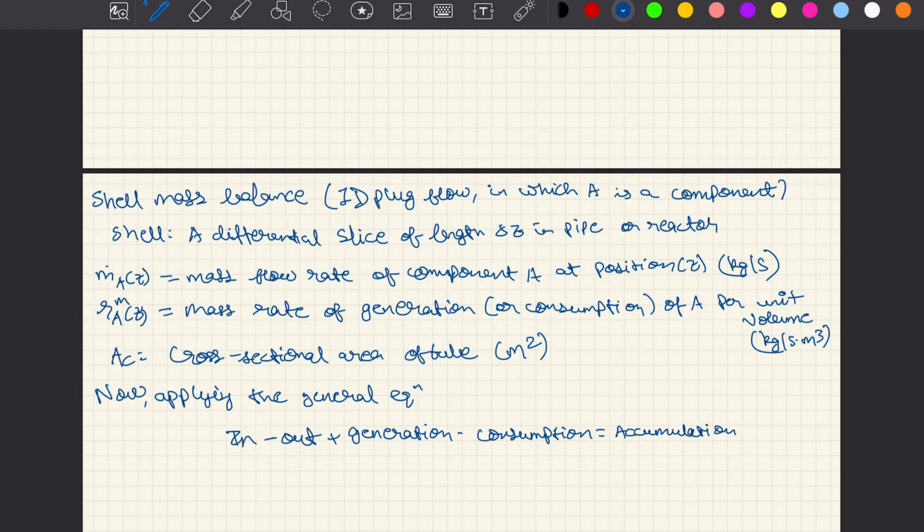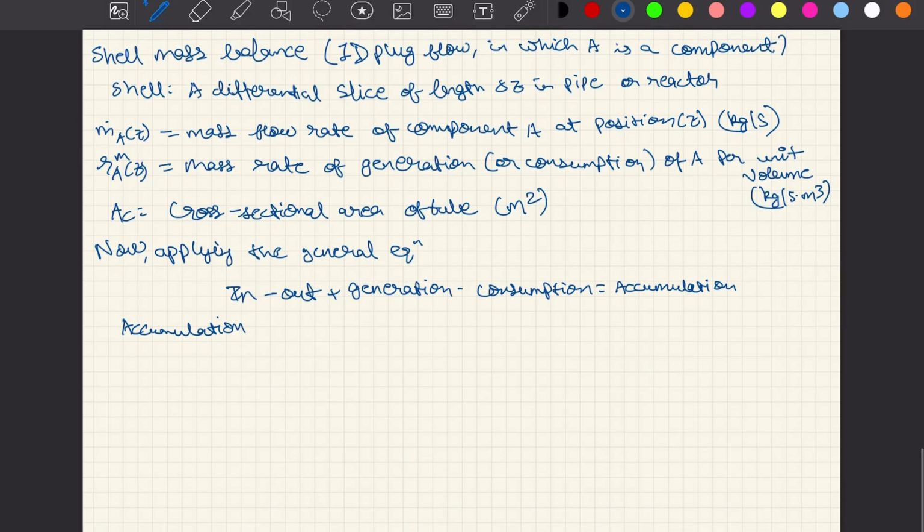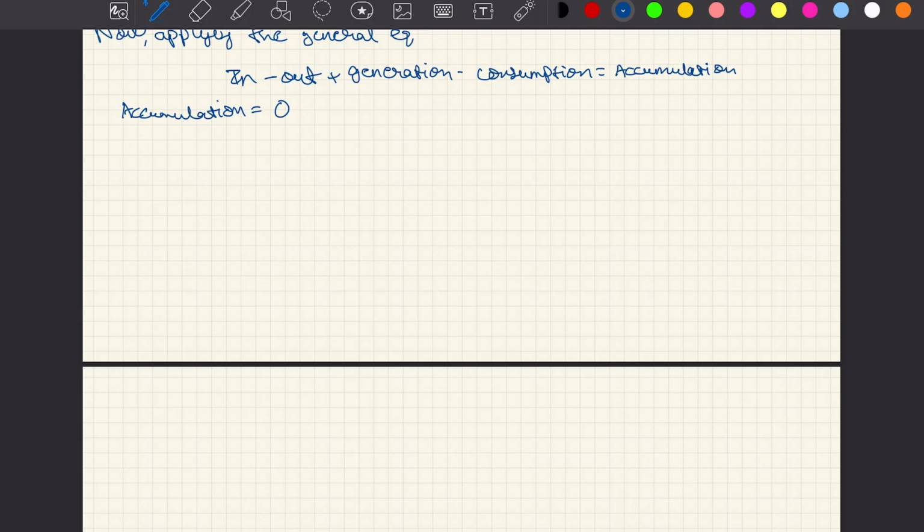Since our assumption of steady state still holds true, accumulation will be equal to 0. So the equation becomes MAZ minus MAZ plus delta Z, which is the output, plus generation, which is RAMZ AC into delta Z.